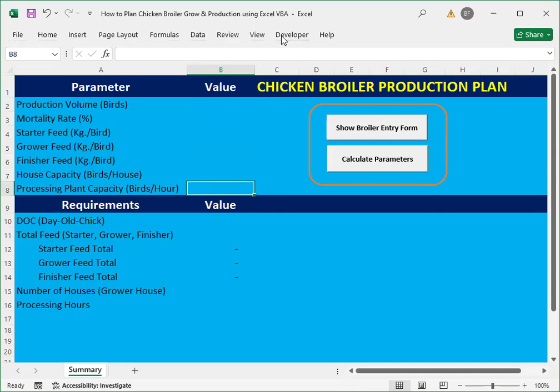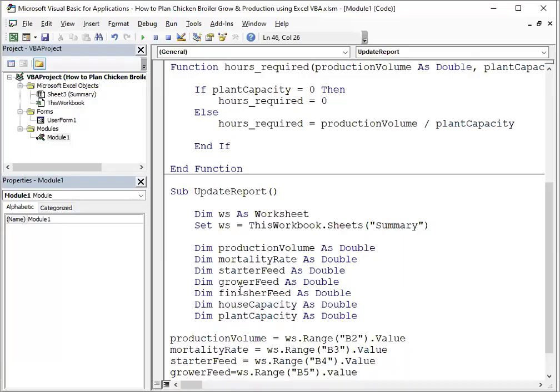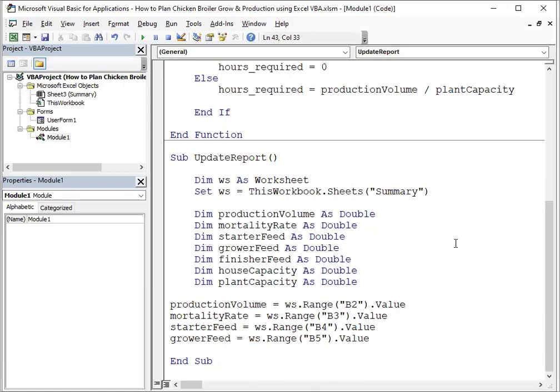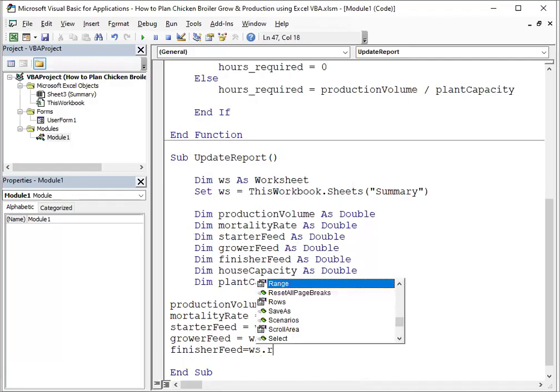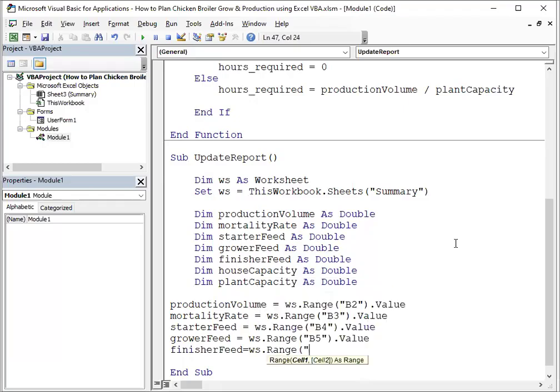Going back to the Visual Basic, that's what we're trying to do: B2, B3, B4, B5. Then the next one will be B6, which is finisher feed, equals WS range B6, that value.